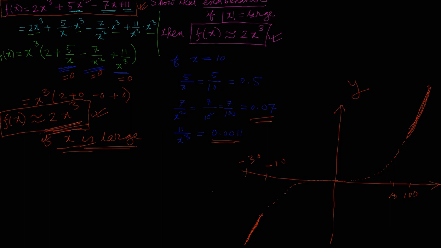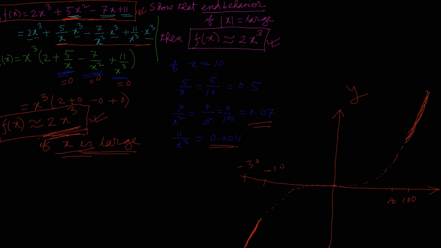Now what about the behavior of the middle portion? The behavior of the middle portion is going to be determined by all these other terms like 5x square, negative 7x plus 11. Of course we do not know exactly until we solve this problem. But for the middle portion I am going to just approximate something like that, using a dotted line.